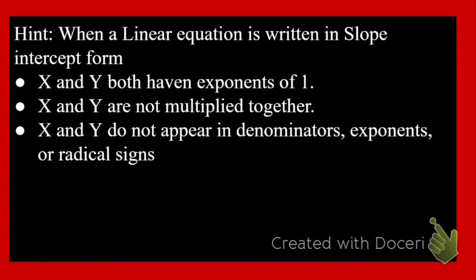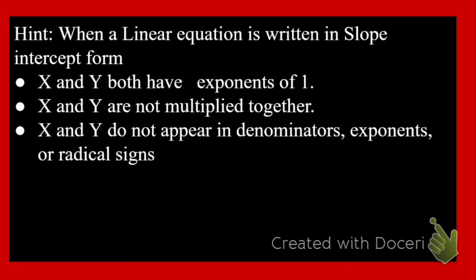Okay, so the x and y should have an exponent of 1. It says x and y are not multiplied together. You cannot multiply those two together. x and y cannot be side by side for it to be a linear function.